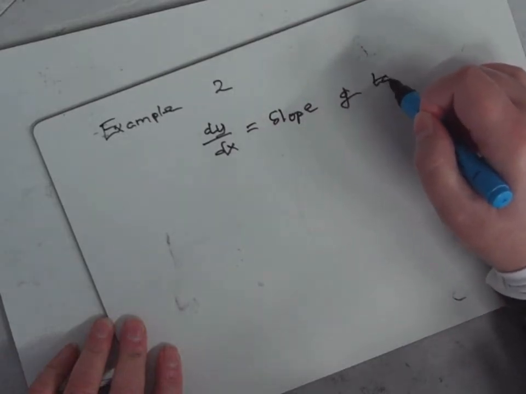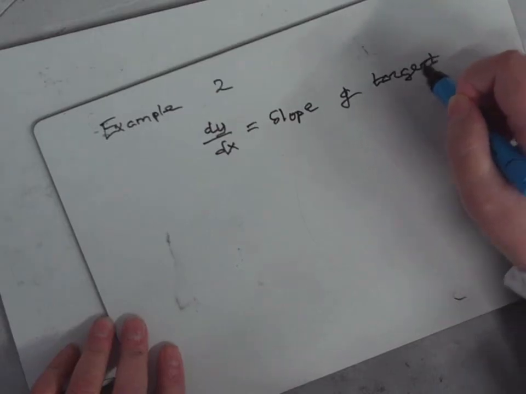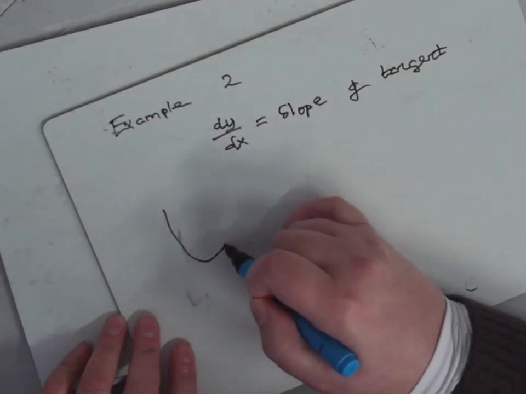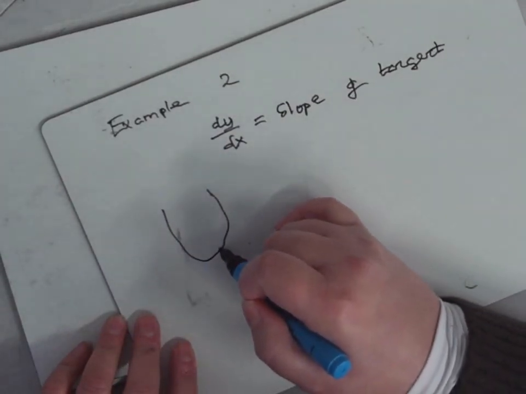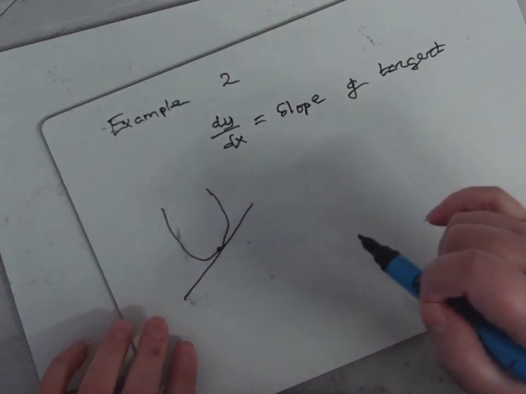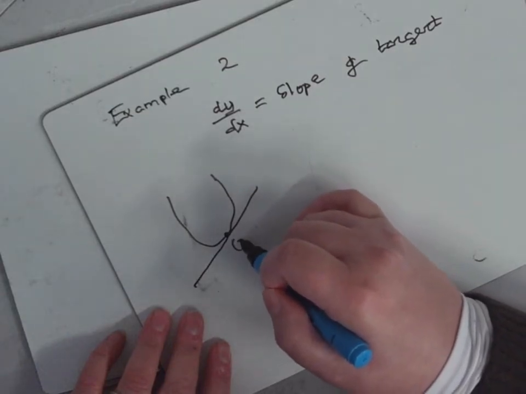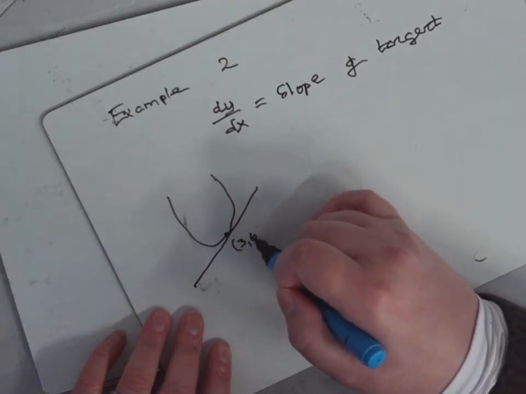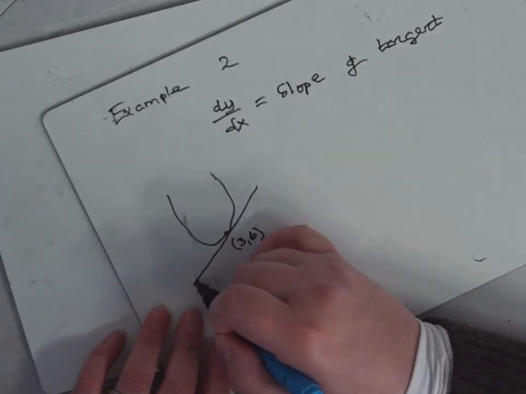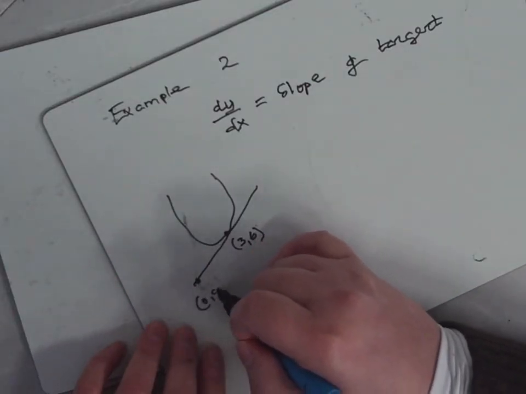So what we have is some sort of a curve, and we have a tangent. They tell me the tangent is at 3, 6, so I know this point here is 3, 6. They tell me the tangent also passes through the origin, so 0, 0.